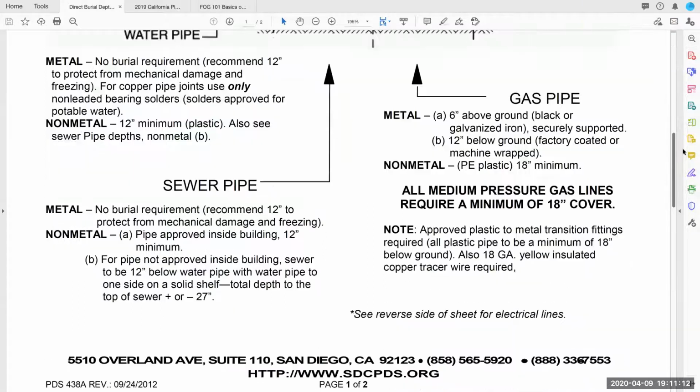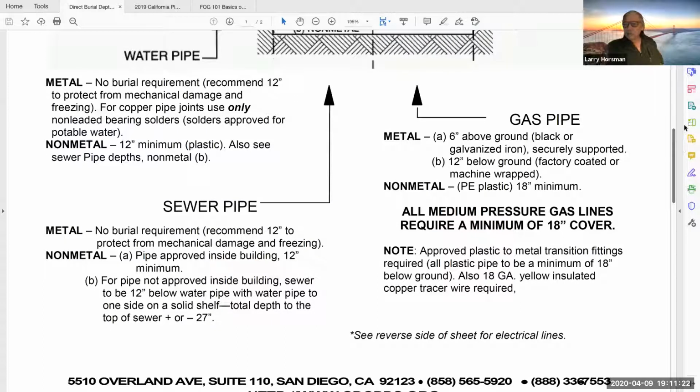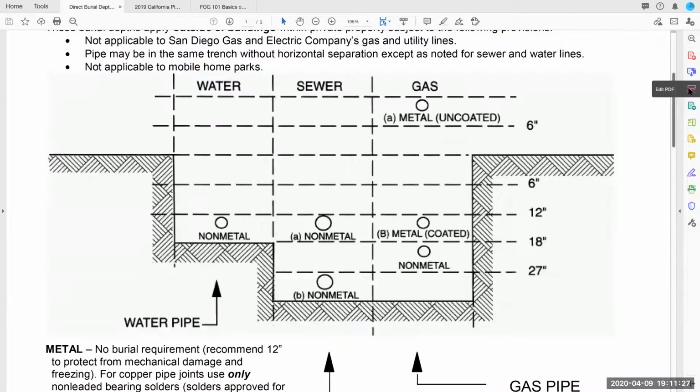So do they still denote white for water and black ABS for sewer? Well, you wouldn't be running water in ABS at all. Oh, PVC, I'm sorry. PVC, yeah. Okay. They have both PVC sewer pipe and PVC water pipe.